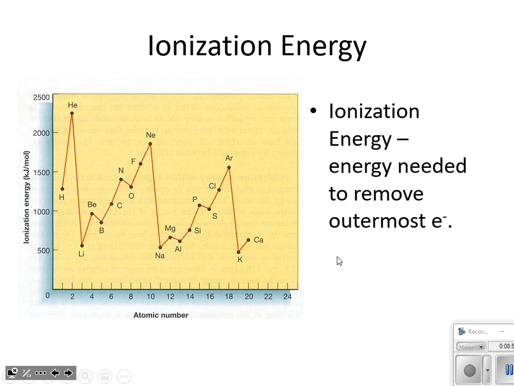Now, remember we talked about a group called the halogens yesterday, right? And we said those halogens were how close to filling their outermost shell? Tyler? One electron away. So do you think that the halogens are going to fight like heck to try to keep all of their electrons?